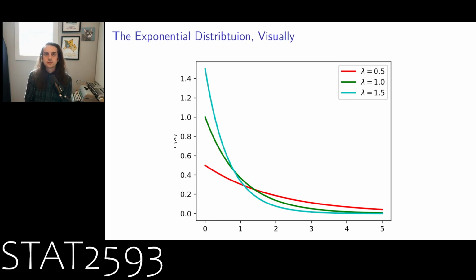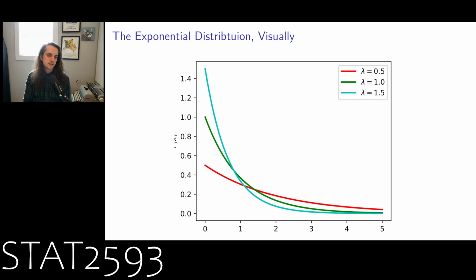We can show visually what the density function looks like, and it's this idea of having long tails with lots of concentration around 0. We have different rate parameters here, right? You can see that we're peaking right around 0, and then the densities go off to positive infinity.